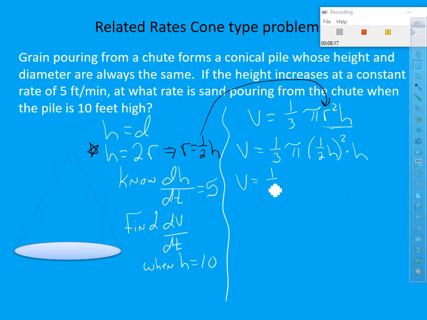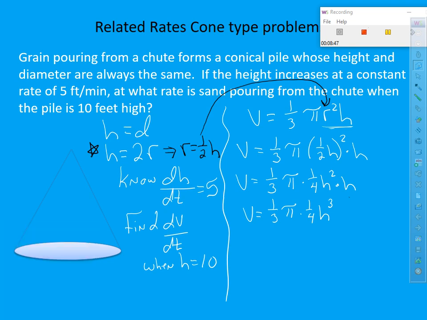Volume equals 1/3 pi, 1/2 H quantity squared is 1/4 H squared times another H. Now, I'm going to simplify this, and I'll show you why. Volume equals 1/3 pi times 1/4 H cubed. I could multiply the 1/3 and the 1/4, but I don't need to. Look at what we're going to do next.